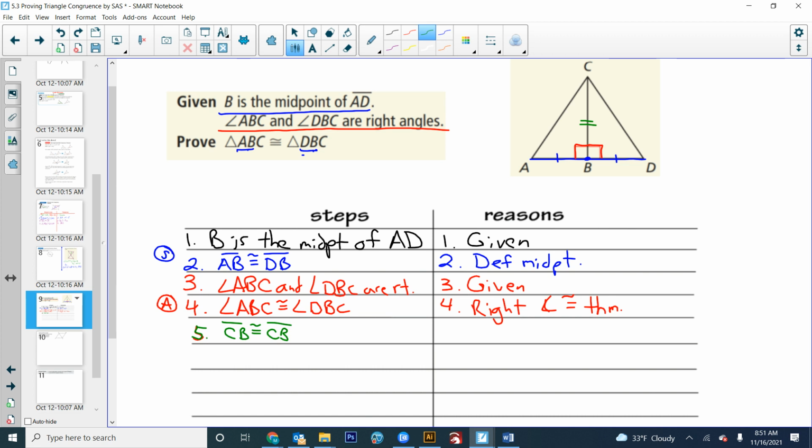It's obvious from the picture. And I could also say CB. It's the same order in these triangles. The reflexive property.